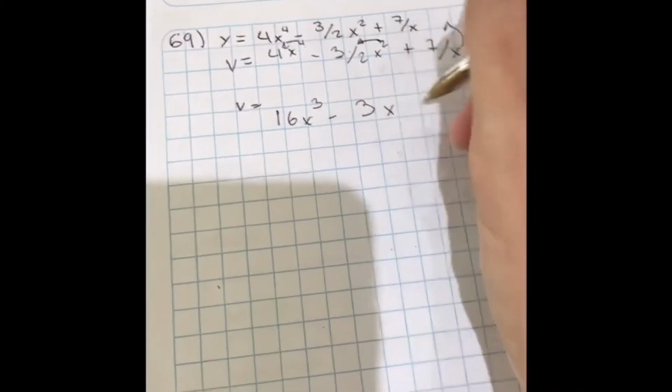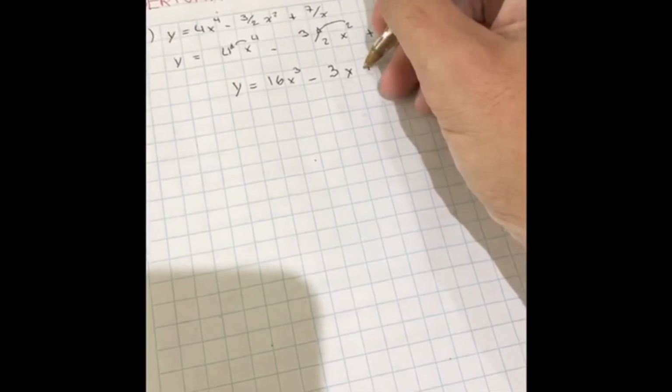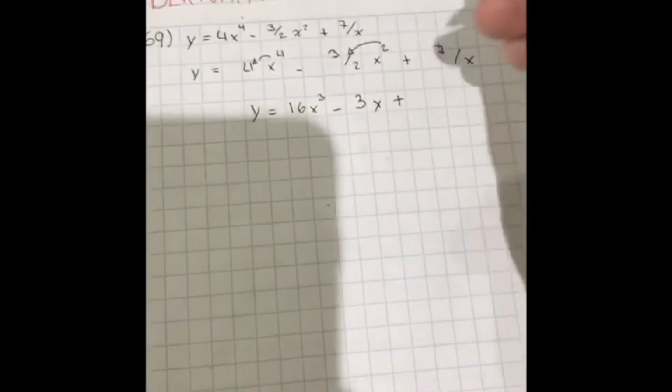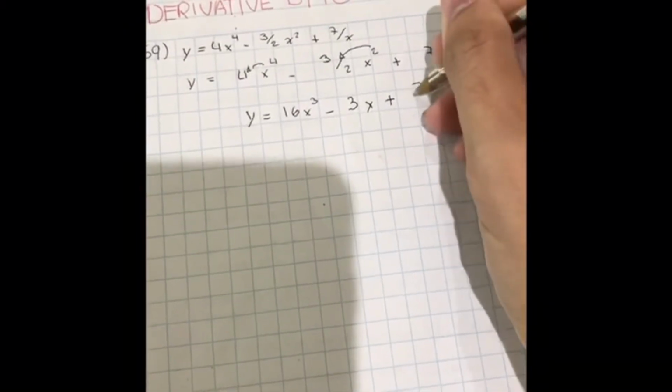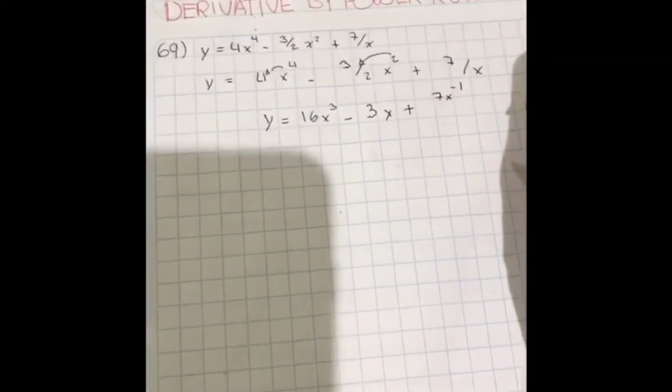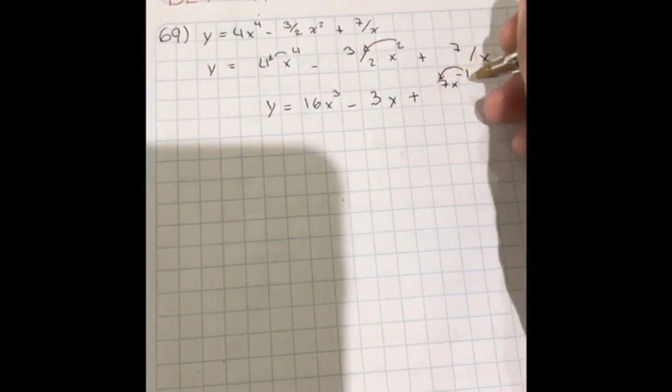Minus 3x plus, and on the fraction we move the x to the top and add minus 1. After we do that, we multiply minus 1 times 7.